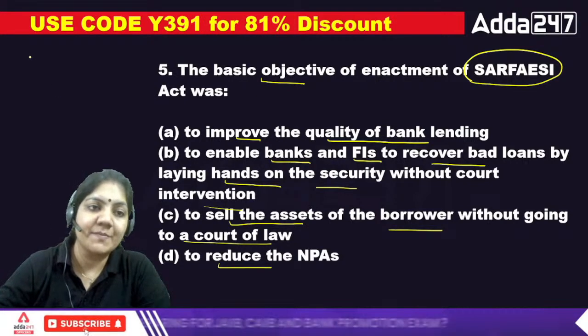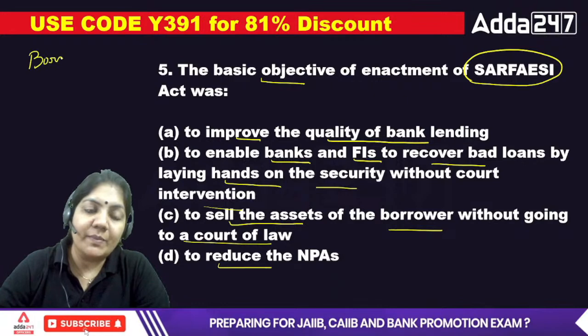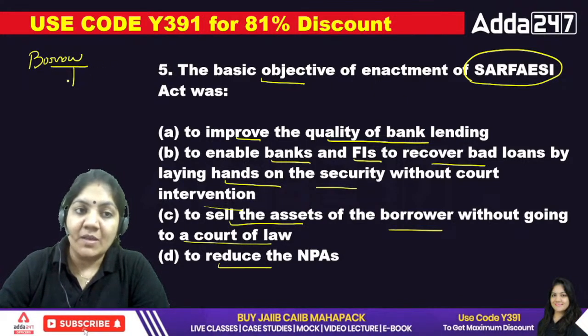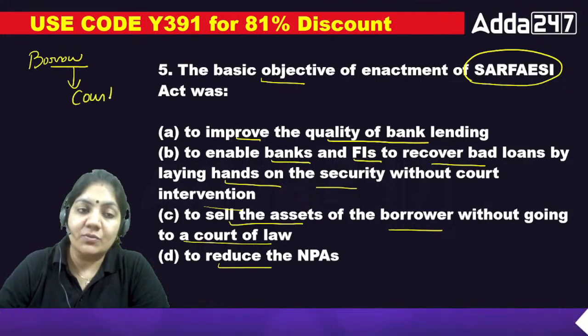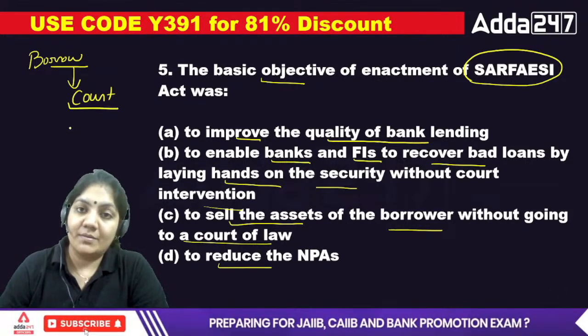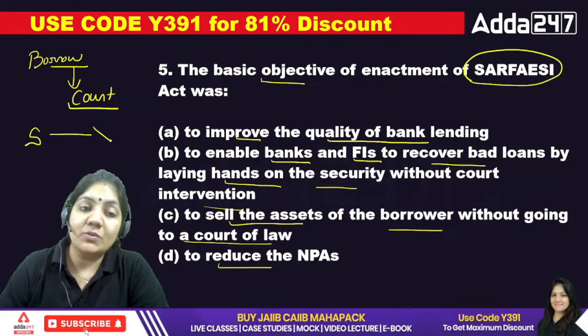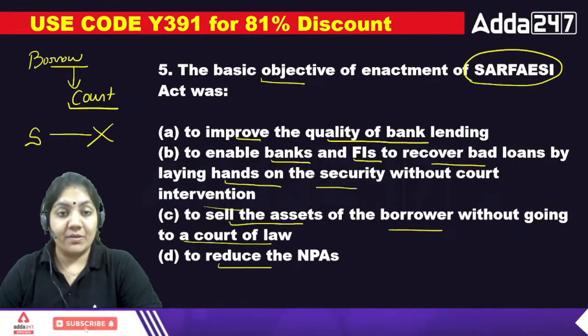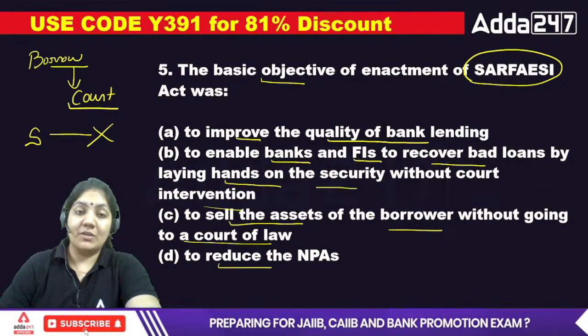In the previous days, when a borrower was not able to pay the money to the lender, we had the option to go to the court, right? But the day the SARFAESI Act came into picture, there was no need to go to the court. A special tribunal is there through which we can easily recover our money.